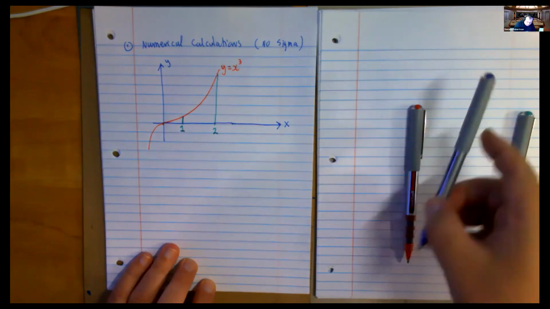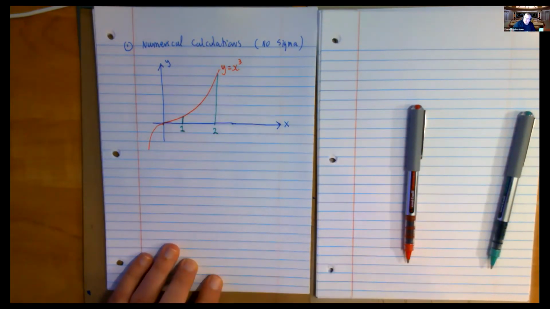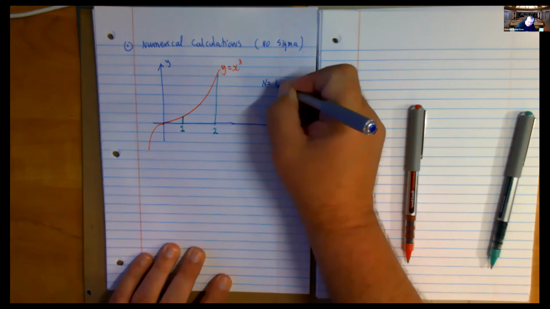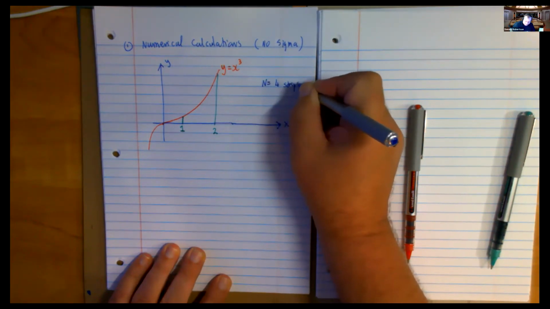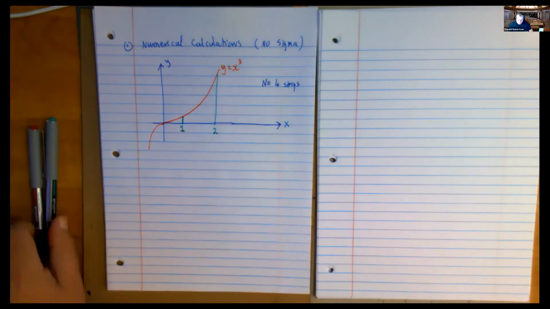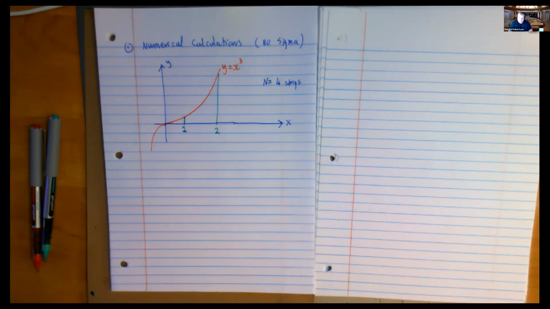And I'm being asked to estimate the area under this curve, and they will tell you how many strips. So let's say they want us to find this using n equals 4 strips. So far, so good, right?